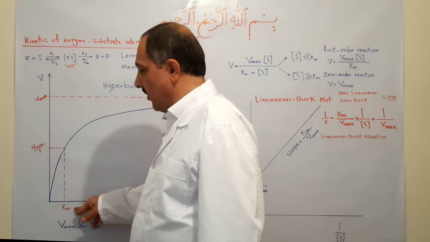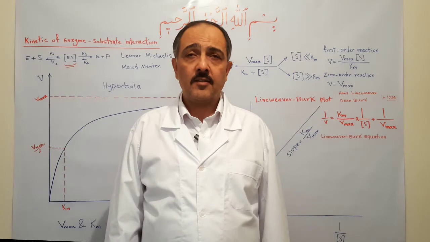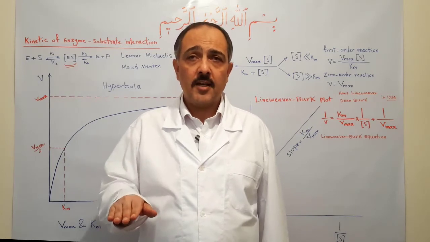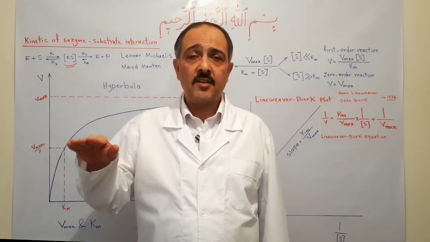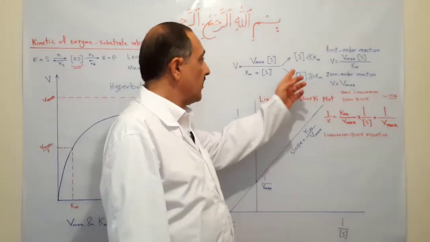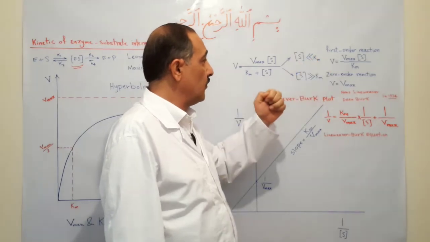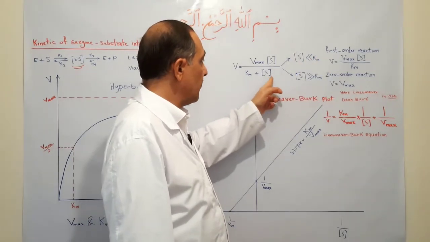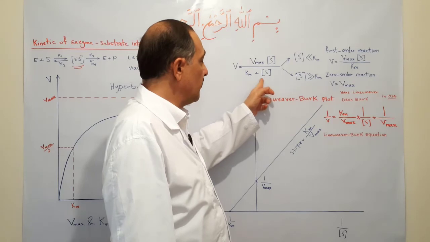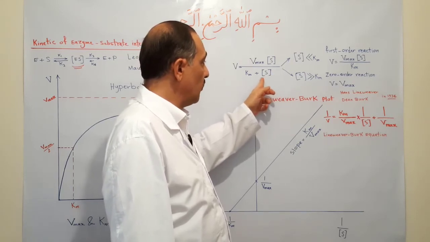Km depends on enzyme type, temperature, and pH. The smaller values of Km, the higher activities of enzymes. When substrate concentration is very smaller than Km value, the substrate concentration in denominator will be very small and can be ignored.